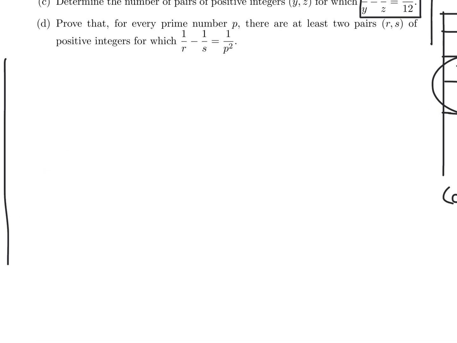And finally, prove that for every prime number p, there are at least 2 pairs r, s of positive integers for which 1 over r minus 1 over s is 1 over p squared. So same thing. We first have to do this fraction. p is a prime, right? p is prime. Okay. So when you do this, you get p squared s minus p squared r is equal to rs.